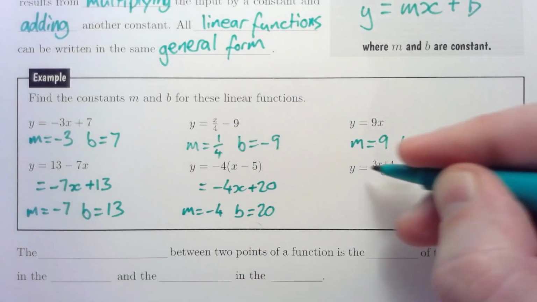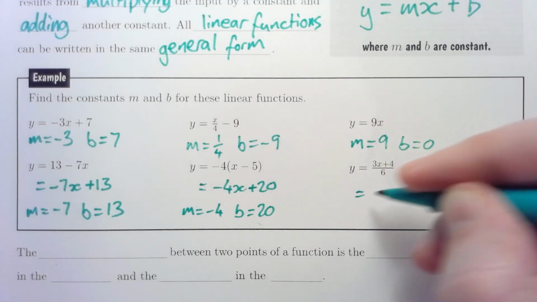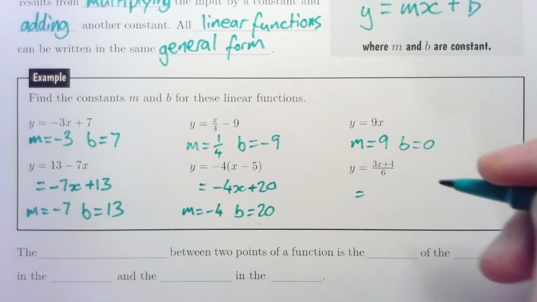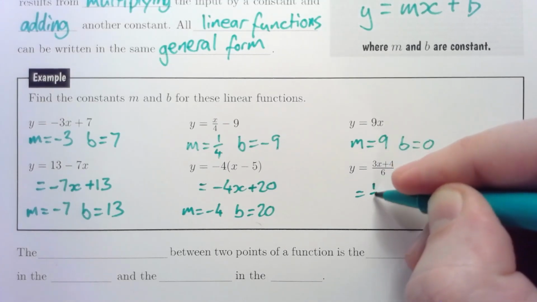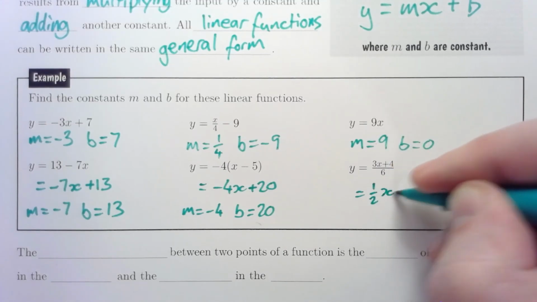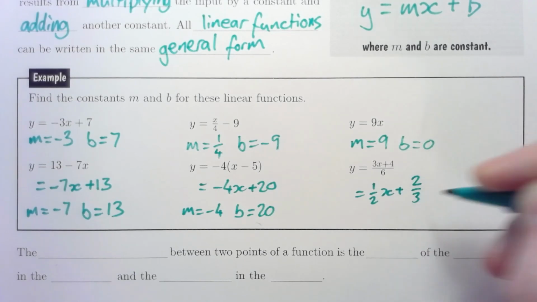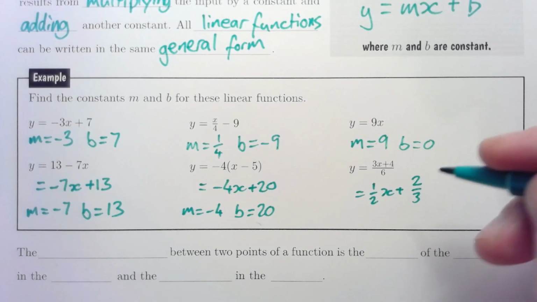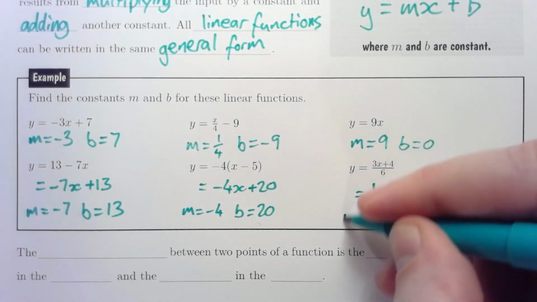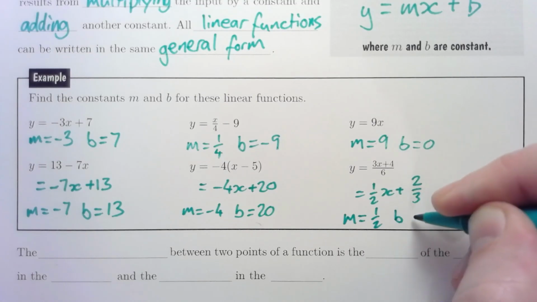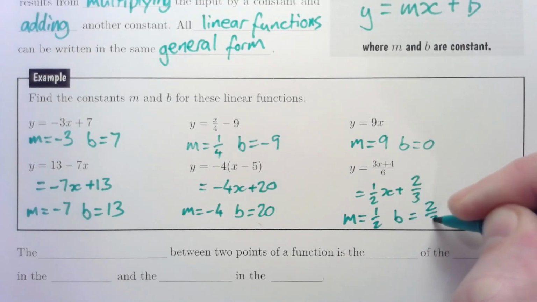For this one, we've got to do some distributing as well, but we're effectively distributing our denominator here. 3 divided by 6 is 1/2. And 4 divided by 6 is 2/3. So now I have my nice linear form. So m equals 1/2 and b equals 2/3.